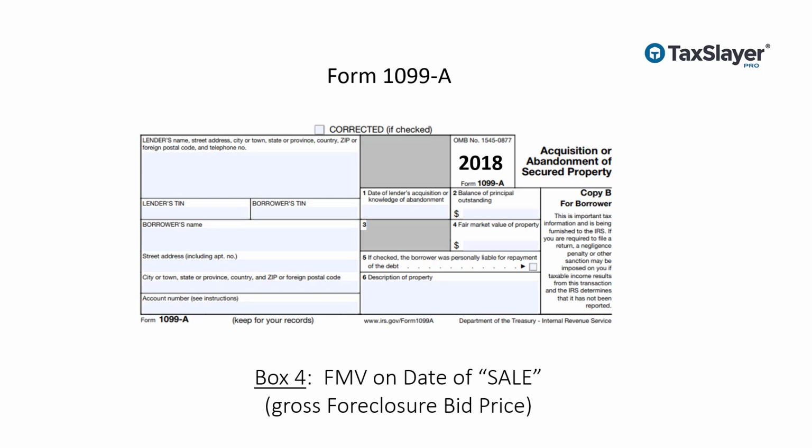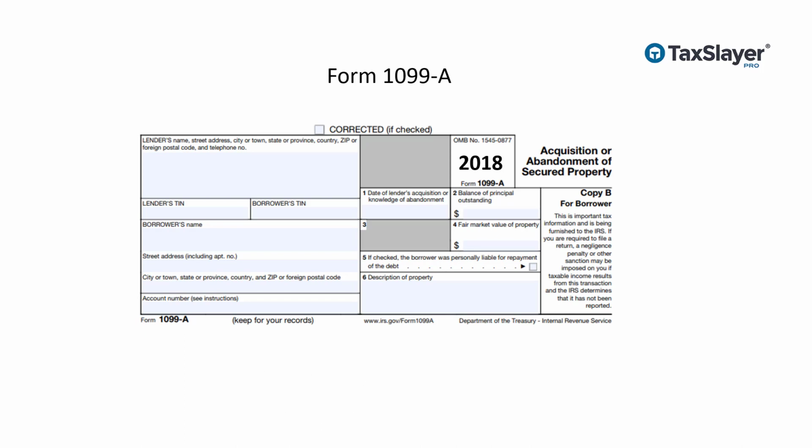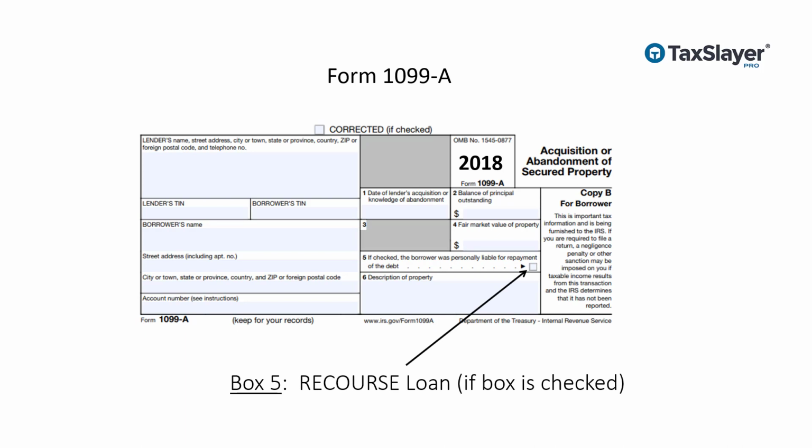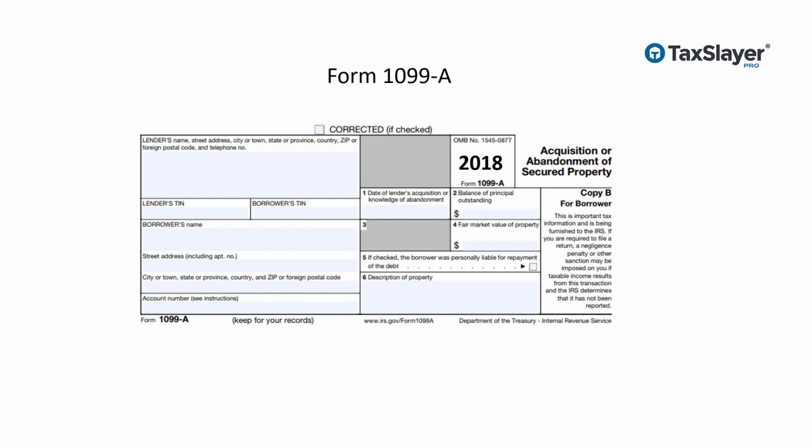Box 4 indicates the fair market value on the date of the quote sale. This is the gross foreclosure bid price. Box 5 indicates if this was a recourse loan. If this box is checked, the borrower was personally liable for repayment of the debt. Box 6 gives a description of the property.